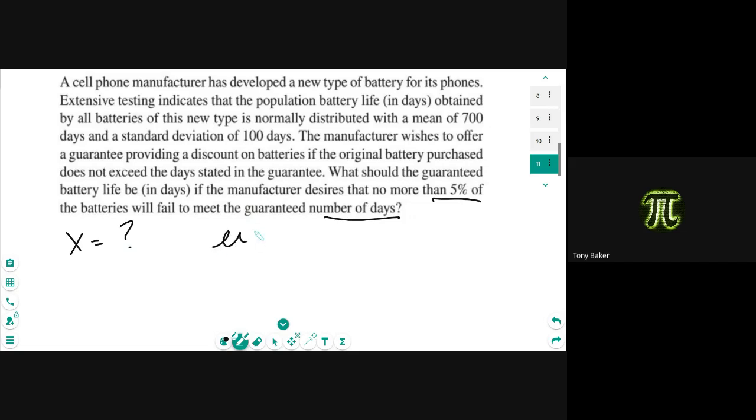They gave me my mean is 700 and my standard deviation is 100. And they gave me my percent is 0.05. So I need to find my Z. I want no more than 5% batteries to fail.